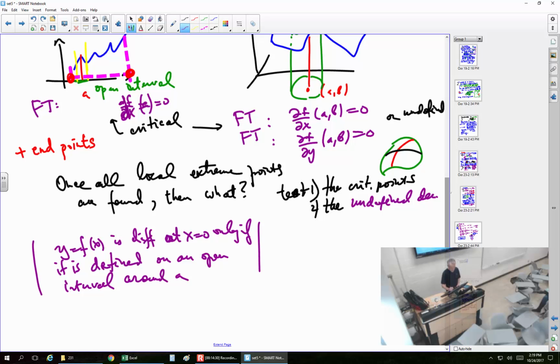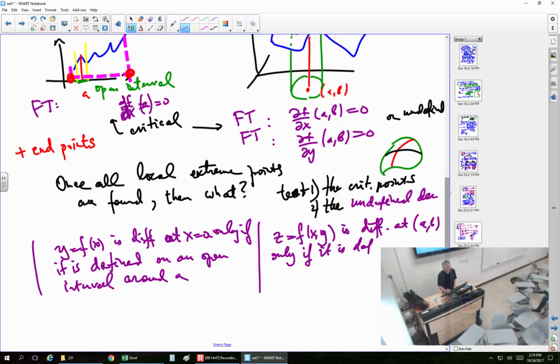Okay, so that's calc 1, and now z equal f of x, y is differentiable at (a, b) only if it is defined on an open disk around (a, b).